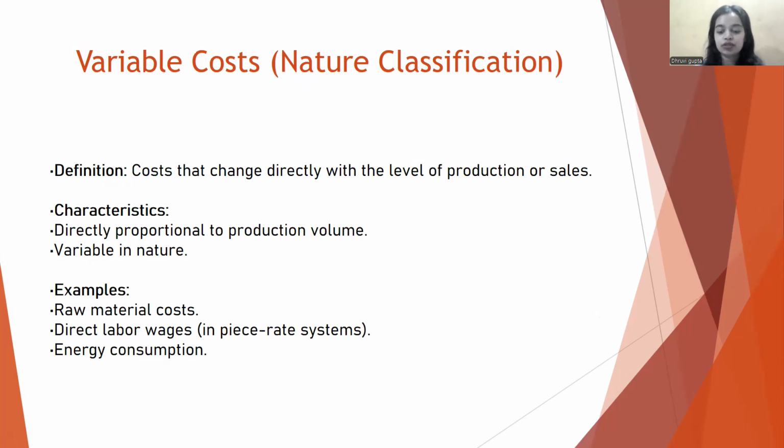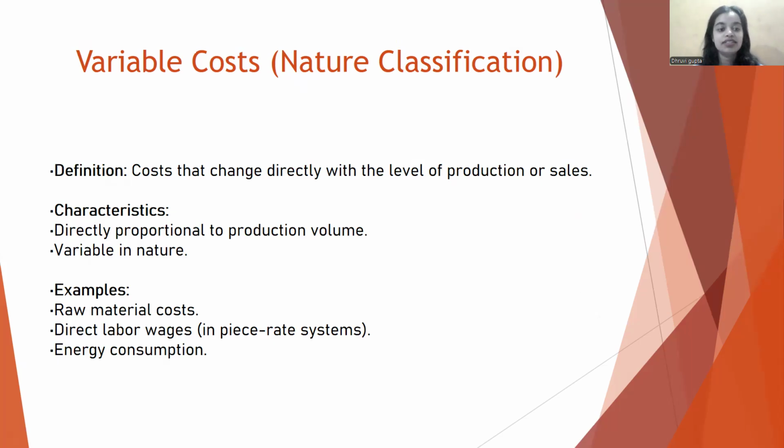To produce 200 units of product, we need 1000 rupees of raw material. So it is 1000 rupees variable cost. And if the production is increased to 300, suppose 1500 rupees of raw material is required, so the variable cost will change, but the fixed cost will not change.